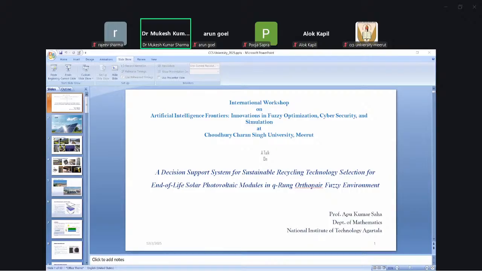Now the advantage of chemical etching. Chemical etching has got the first priority. What is the advantage? High priority is the recovery of valuable metals. The benefit is high purity recovery of valuable metals like silver, aluminium, copper, anti-reflective coating, etc. Silver recovery rate often exceeds 95 to 98% by this method.